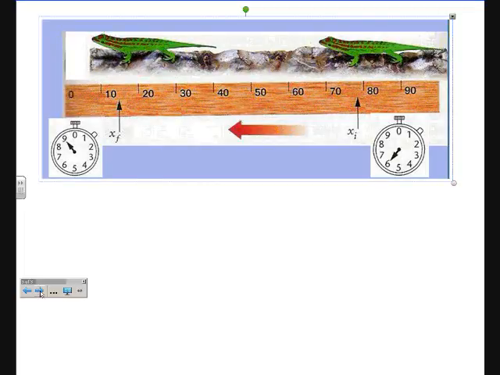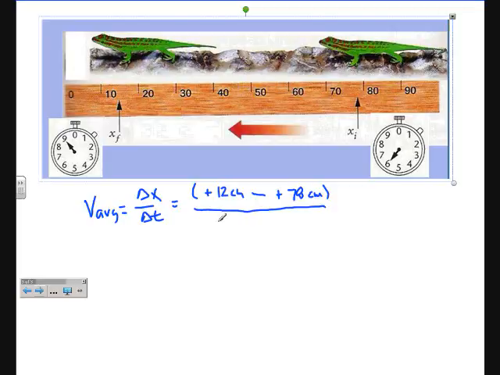If you want to, press pause, do it on your own, and then you can watch me do it. All right, when you run through those numbers, you should get negative 22 centimeters per second.